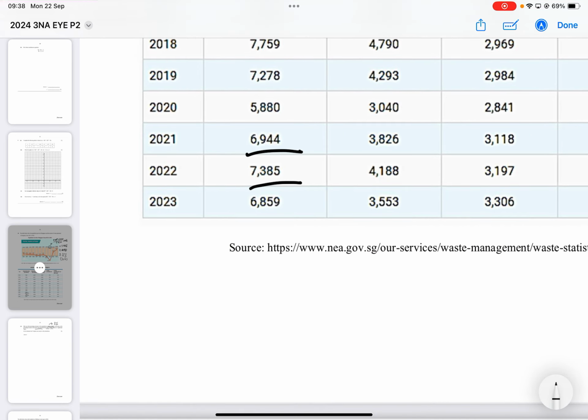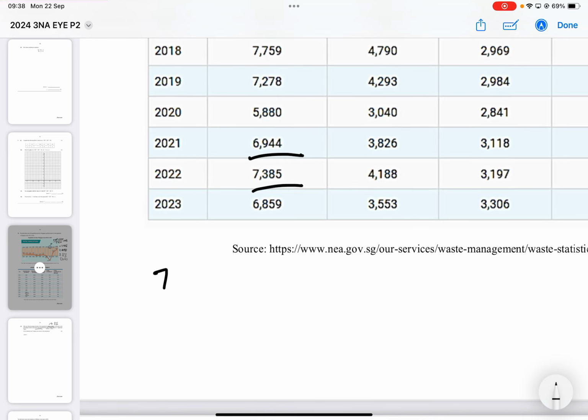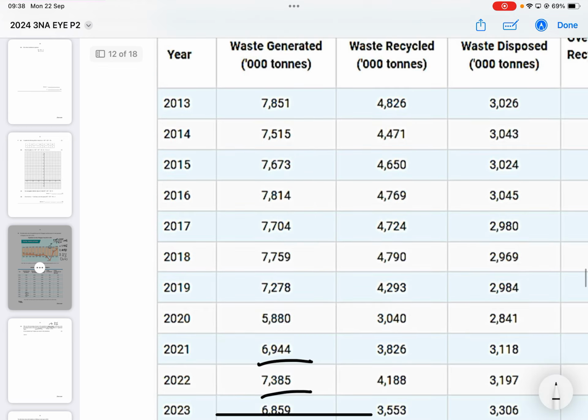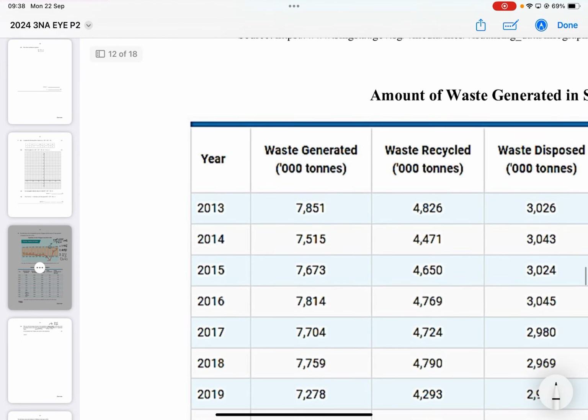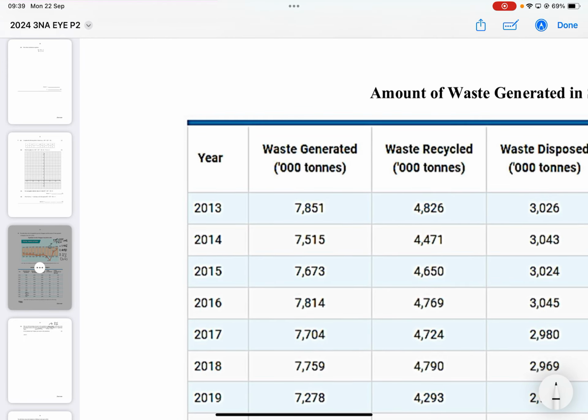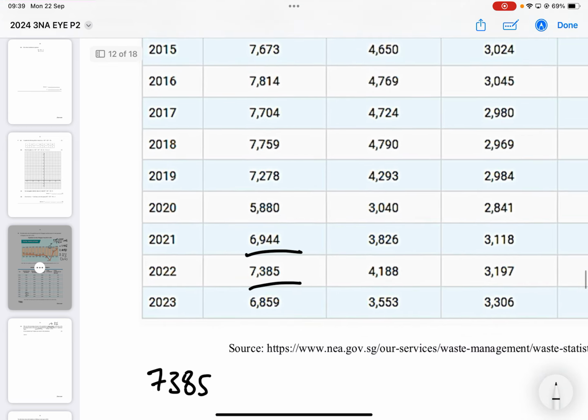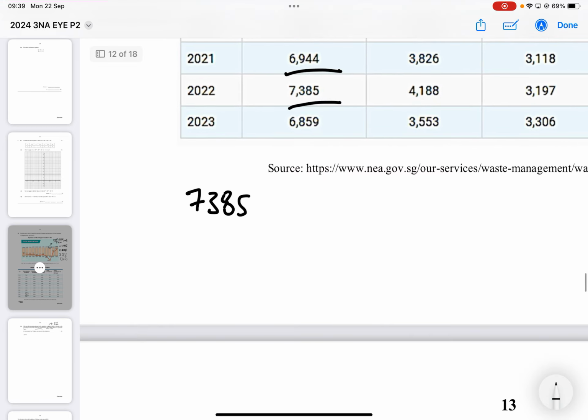From 2021 to 2022. And how do we find the percentage increase? We find the amount of increase, 7,385 tons. Sorry, 1,000 tons. Every one is 1,000 tons. Okay? But because we are finding percentage and they are all in terms of the same unit, so never mind.